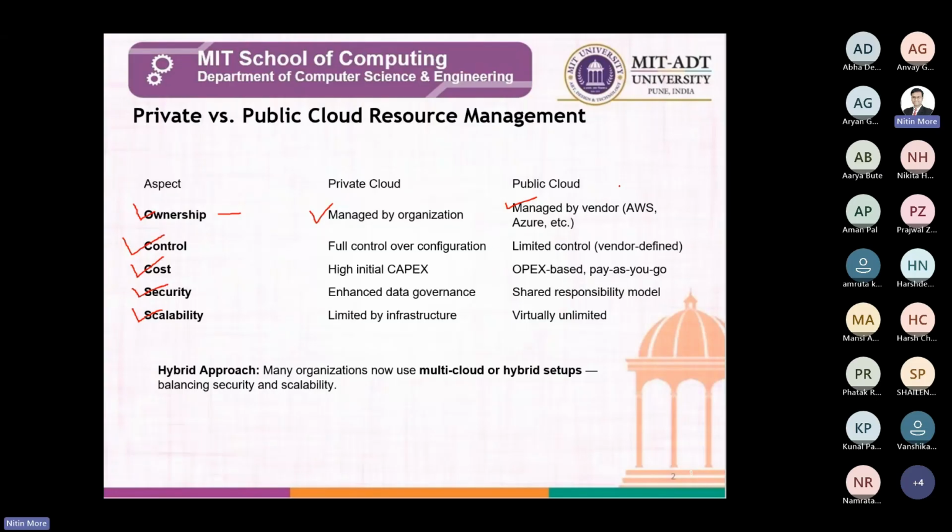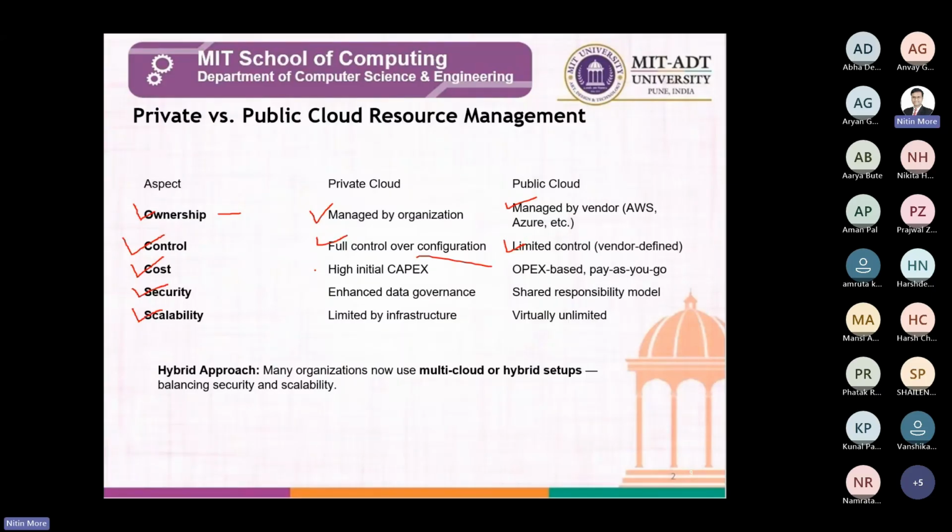Control: if we talk about private cloud, the resource management control is fully over configuration by the organization's management. Whereas in public cloud, for resources, we have limited control. We can have some vendor-defined controls, by different vendors. Vendor lock-in is also an issue there.